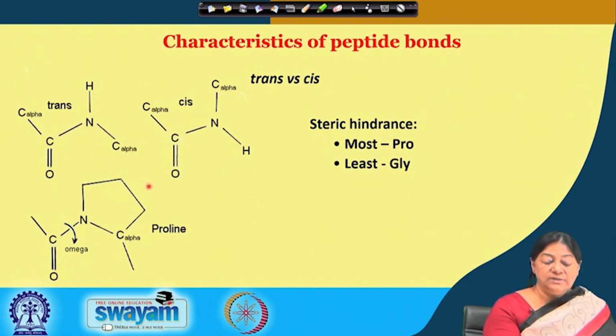Another unique amino acid is proline, which folds upon itself in forming the peptide bond, and as such it has a steric hindrance inherent to it.